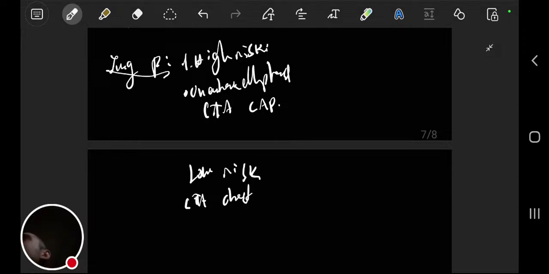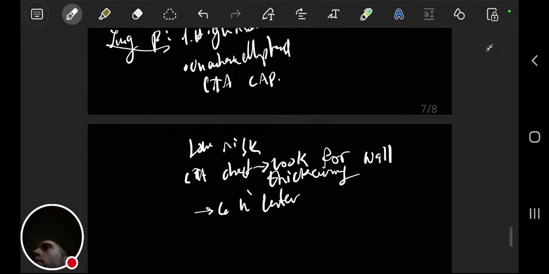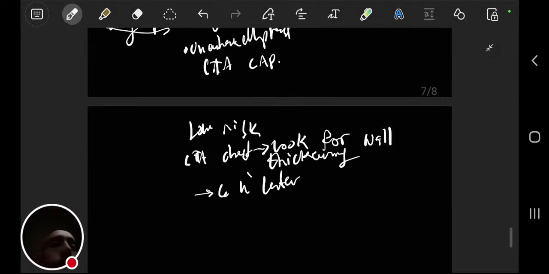Looking at the CTA of the chest, if there is wall thickening, non-contrast scans 6 hours later can evaluate for intramural hematoma versus vasculitis. Wall thickening may tell you that there may be some intramural hematoma, but things like vasculitis may also come with wall thickening of the blood vessel.